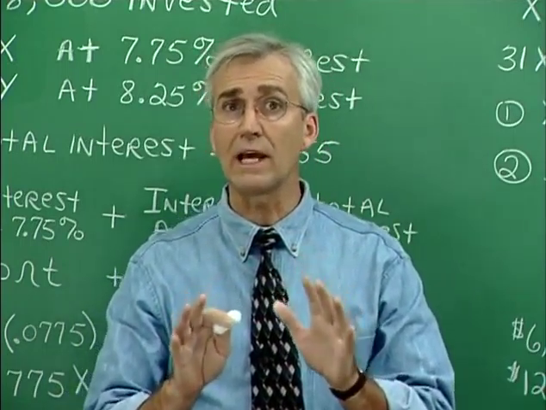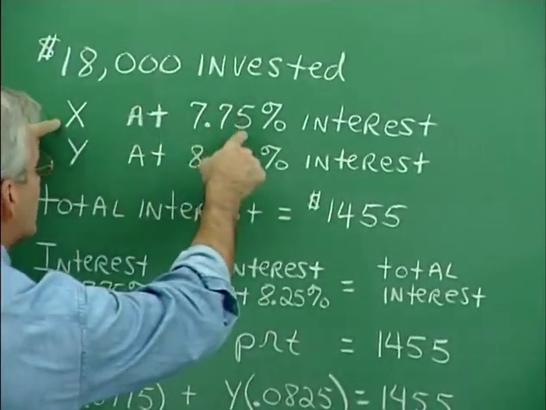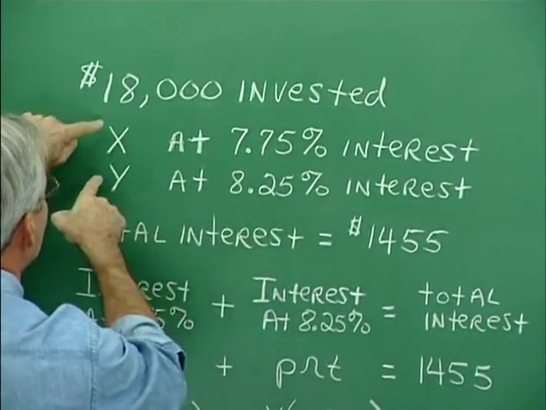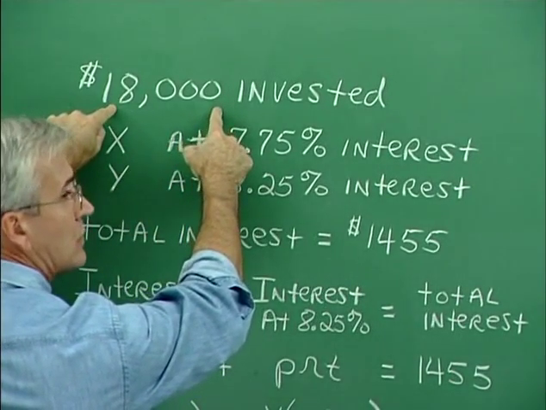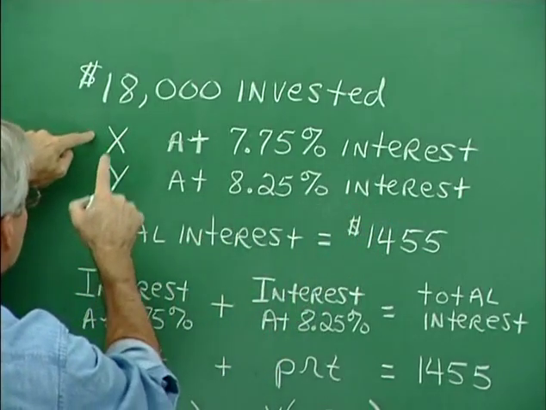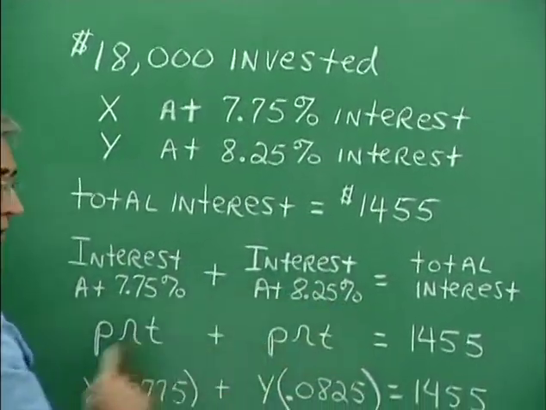Here, that simple relationship is that if X is some amount of money invested at an interest rate and Y is some amount invested at the other interest rate, the total of X and Y is $18,000. You see, this is the total investment. So one equation is just X plus Y equals 18,000. And our other equation is given down here.